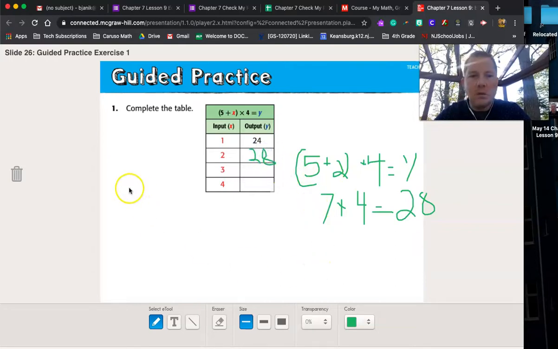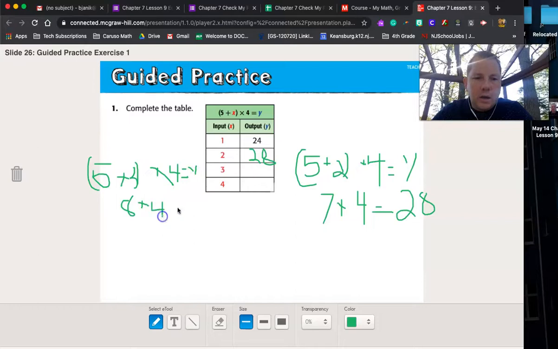Right? And if we keep on going, 5 plus 3 inside of our parentheses times 4 is going to give us what? 5 plus 3 is 8. 8 times 4 equals y. 8 times 4 is 32 equals y, and our answer is 32.